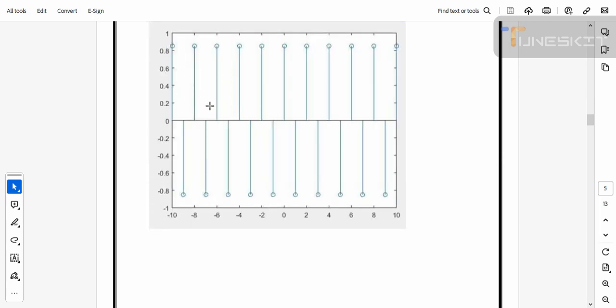As we can see, it shows impulses on the positive side as well as the negative side. The main reason is that we are plotting a cosine function, and the range of cosine is -1 to 1. Basically, it is a sinusoidal function, therefore it is shown for the positive side as well as the negative side.